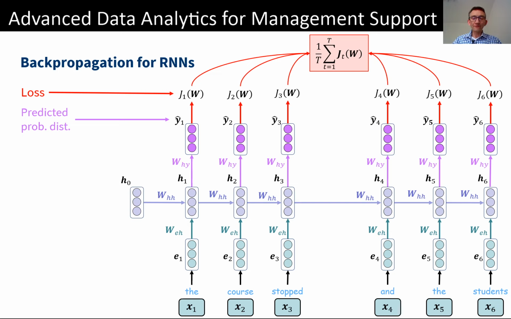The occurrence of the word course is not independent of the occurrence of the word stopped, because they both occurred in the same sentence or in the same sequence. And therefore, we aggregate our loss over this sequence of inputs, which we believe to be not independent from one another. Right? So that makes sense. I hope you agree.